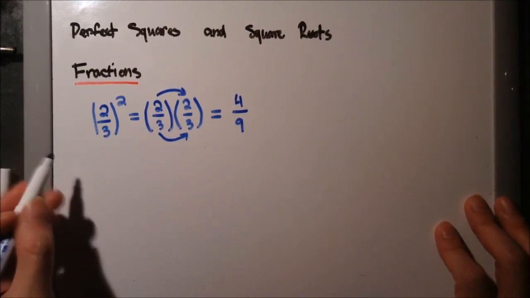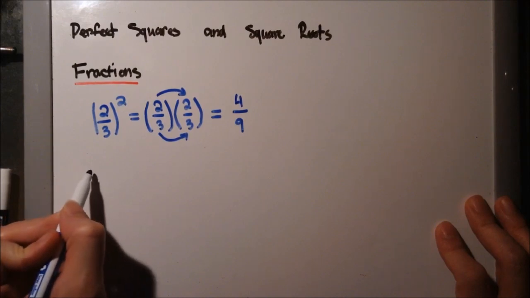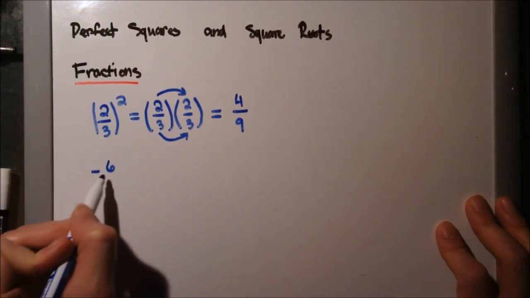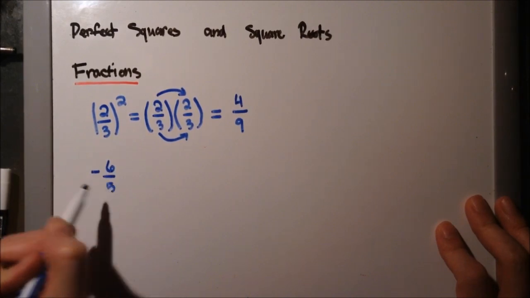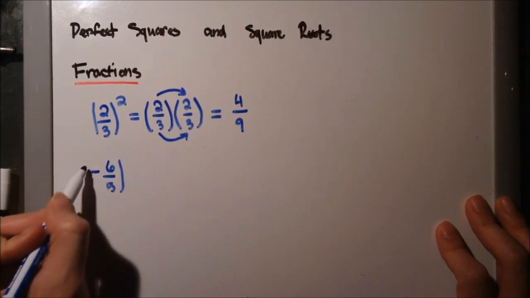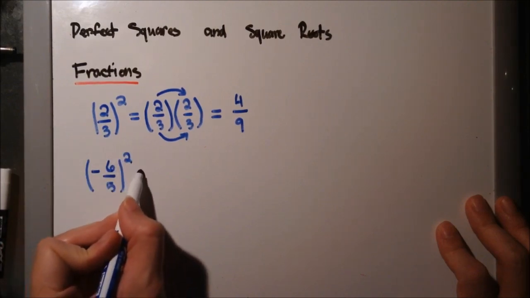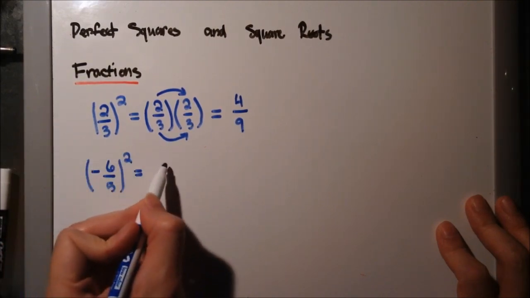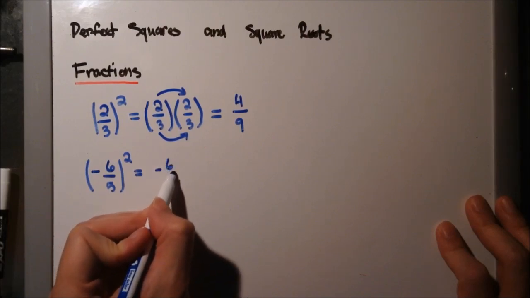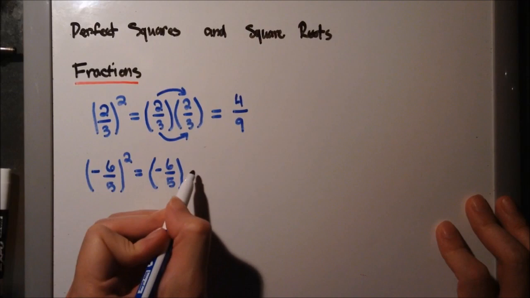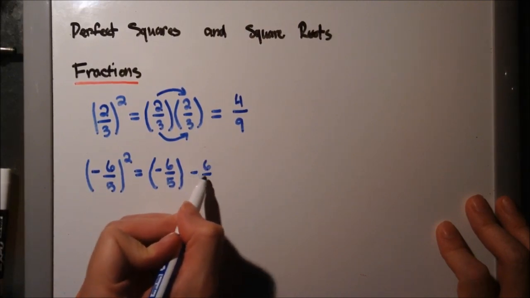Say we have -6/5, and it's being squared. So what it means is that it's going to be -6/5 times -6/5.